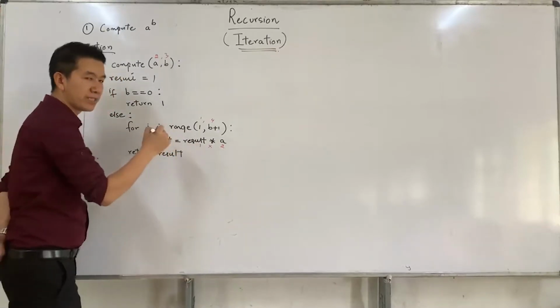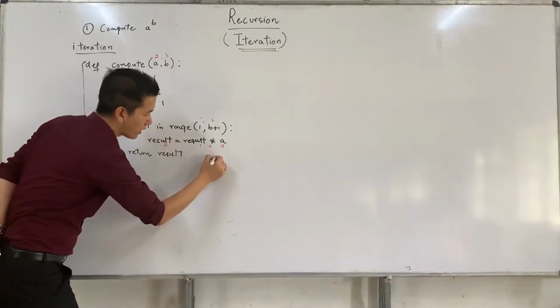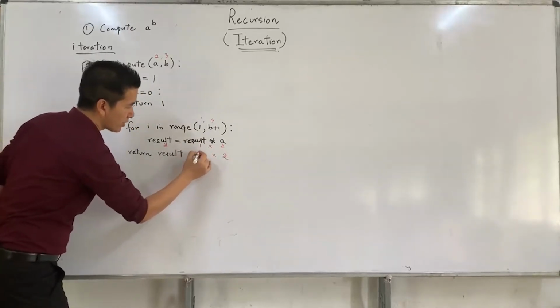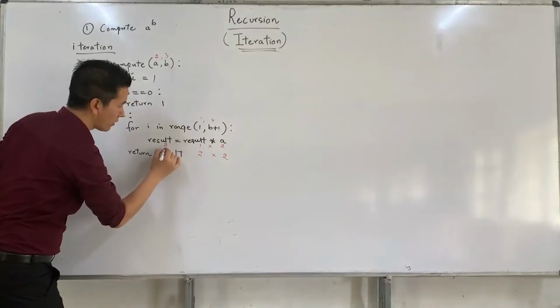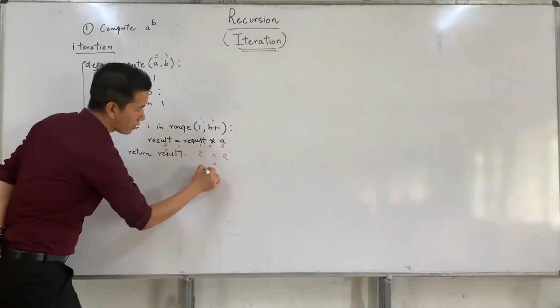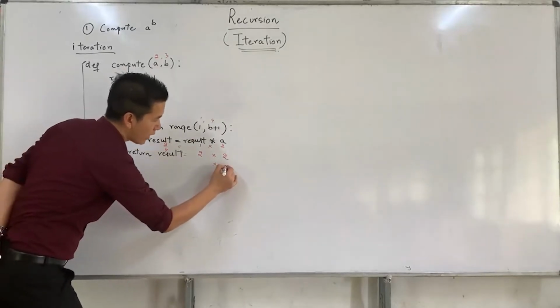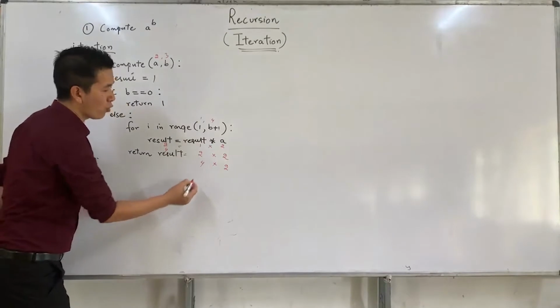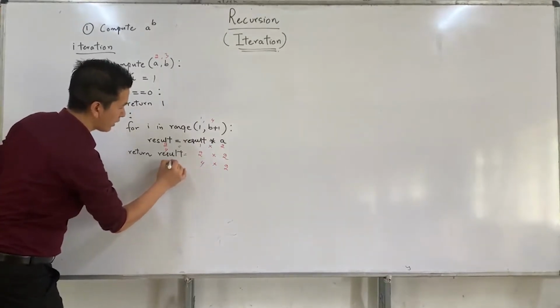For the second loop, again you will have the value of a as 2, but the result's value being 2, the answer will be 4. And then finally for the third loop, the value of a is still 2, but the value of result is 4, so 2 times 4 is 8.